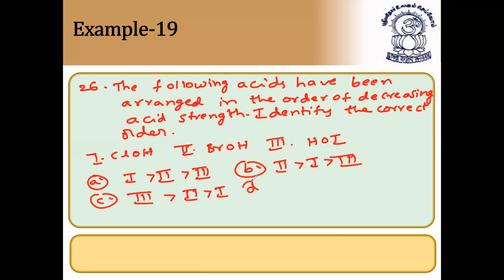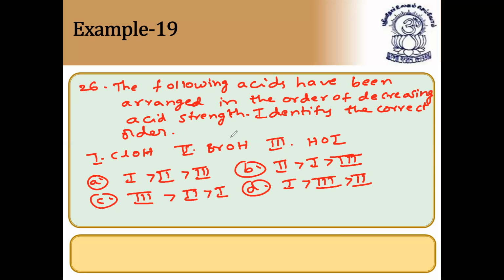And option D, 1 is greater than 3 is greater than 2. So these are the options we have. Again, I repeat the question: the following acids have been arranged in the order of decreasing acidic strength. Identify the correct order.